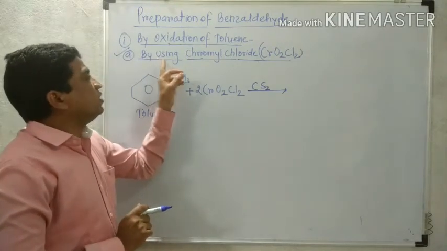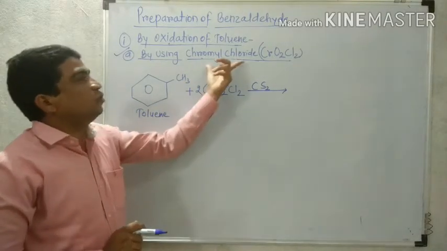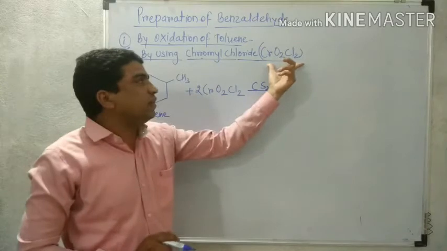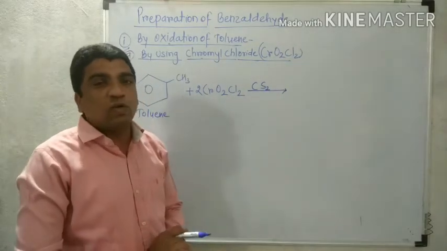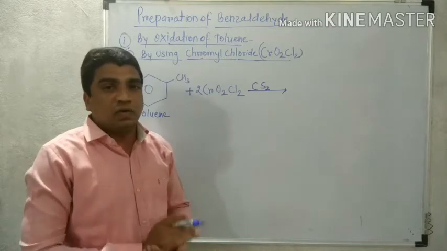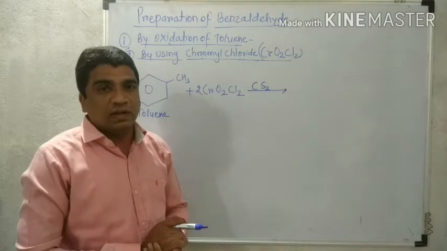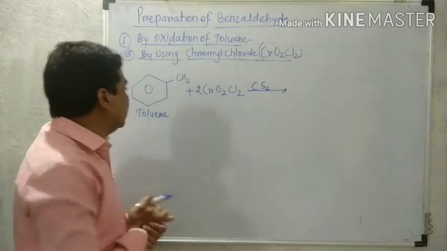That is the oxidizing agent used with toluene. Chromyl chloride is a mild oxidizing agent and can convert toluene into benzaldehyde, not benzoic acid. So therefore, look at the reaction.